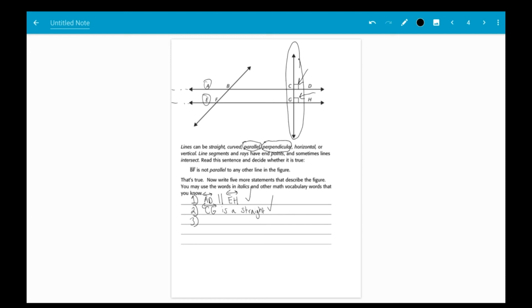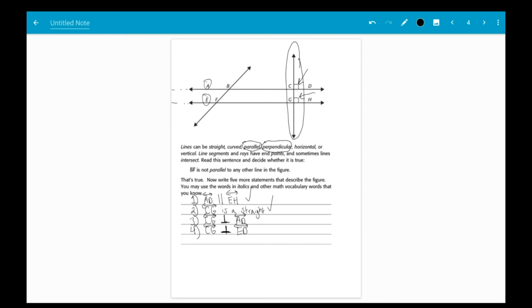So we can actually create 2 separate statements from this. Remember this is the symbol for perpendicular. You could also write "is perpendicular to," but I'm just showing you some shortcut symbols to save you some time. CG is perpendicular to AD first. And then number 4, we can say that CG is perpendicular to EH. That's separate. It creates two separate right angles.